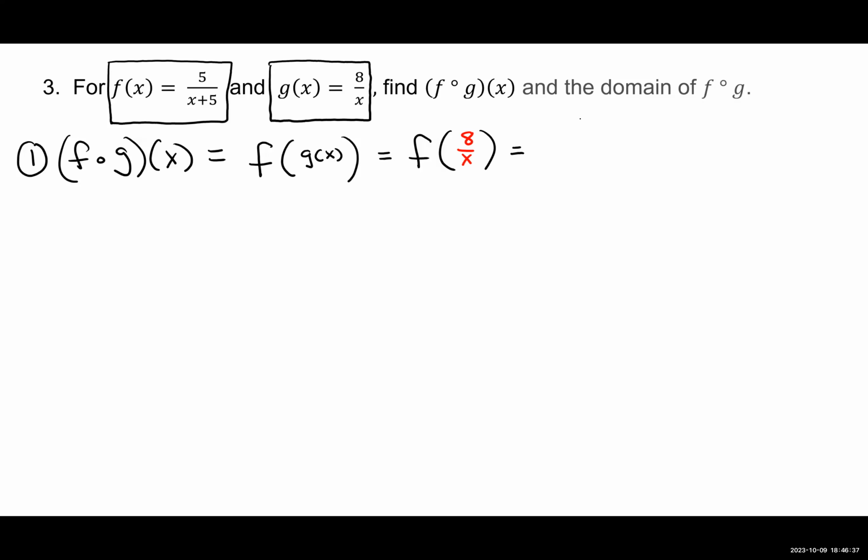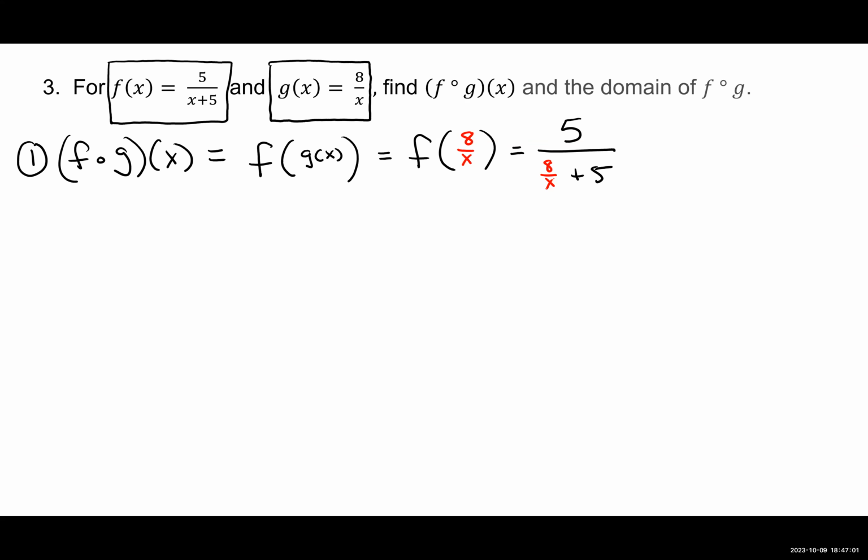So instead of 5 over x plus 5, we're replacing the x with 8 over x. And that's it. There's the answer. We replace the x with the g of x.